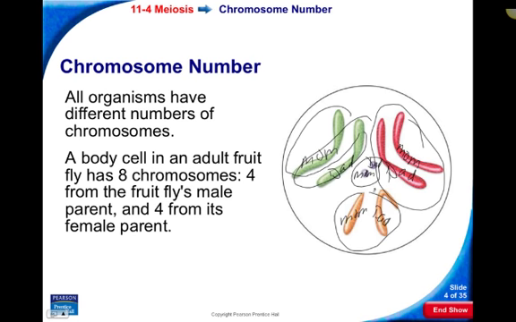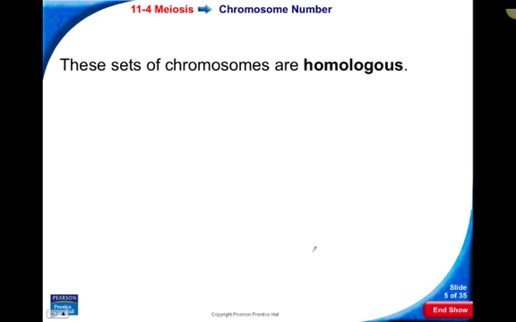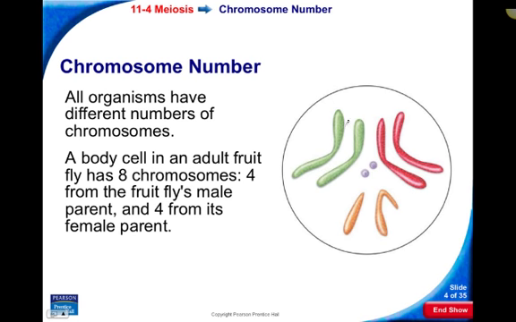Your chromosomes are very similar to this, except humans have 46 chromosomes, of which you have gotten 23 from your mom and 23 from your dad. These sets of chromosomes are homologous, meaning that this is one pair. One came from mom, one came from dad, but they are not identical.